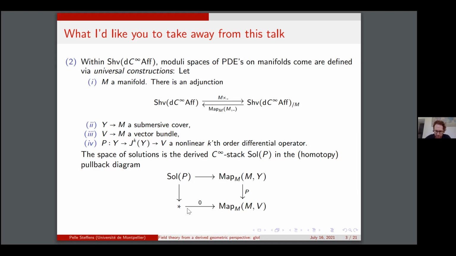You would have another term here, and you have to work in a setting where you can do the variational bicomplex formalism in this derived stacky world, which is possible. Then you don't take the cotangent of the maps, but you take the maps into the relative cotangent of this guy. That is how the critical locus looks.